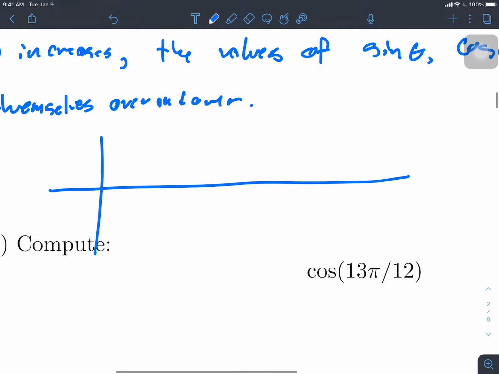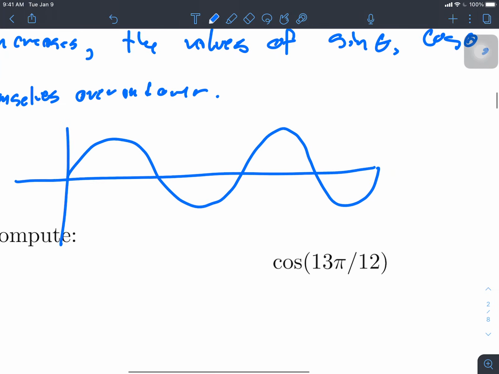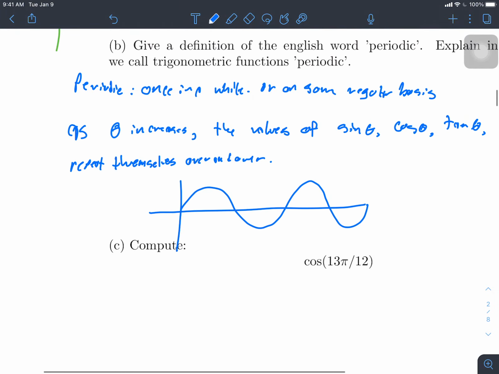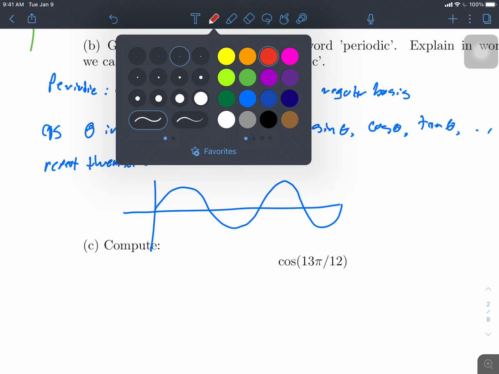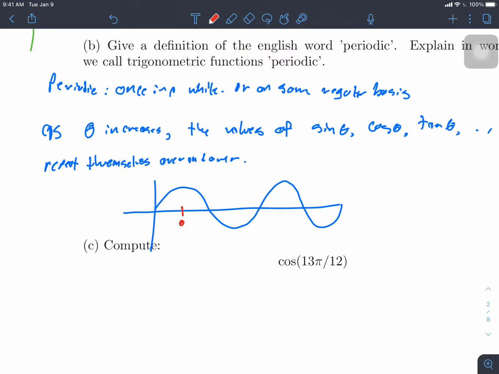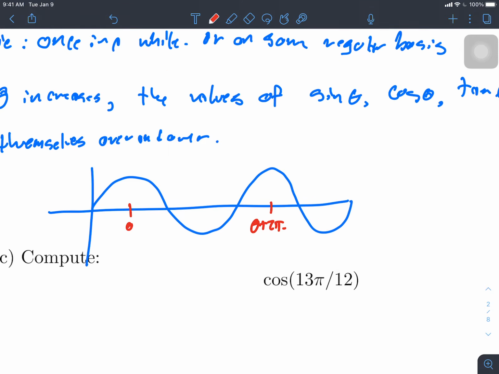And maybe I'll even include a little picture. So if we have a sine graph, what does it look like? It looks something like this, right? My point here is that if I look at some value theta, and some other value which is theta plus 2 pi, then the height of the function is going to repeat itself on every multiple of 2 pi.